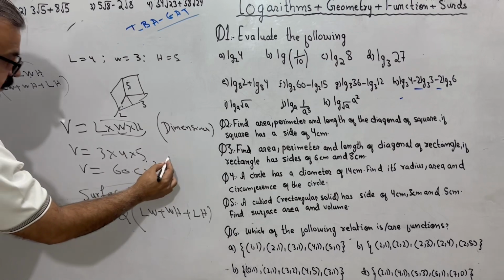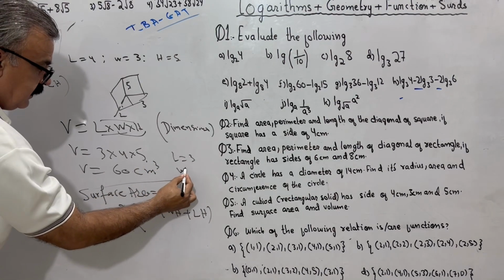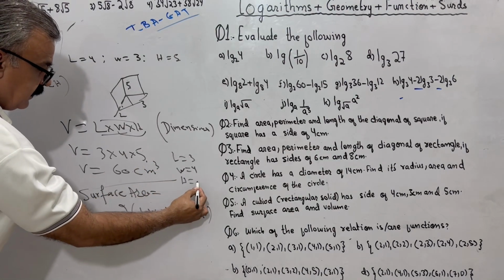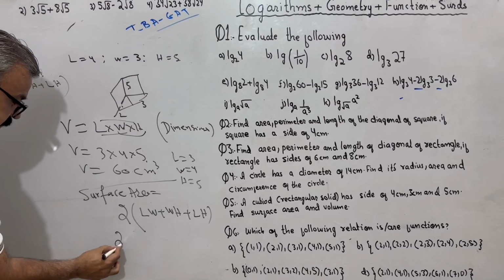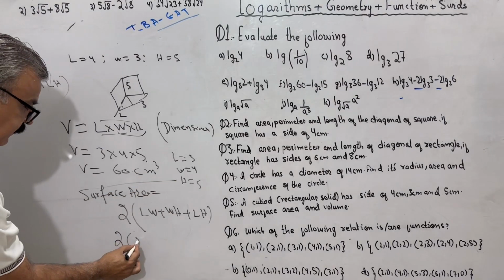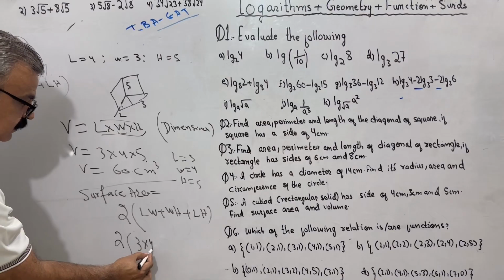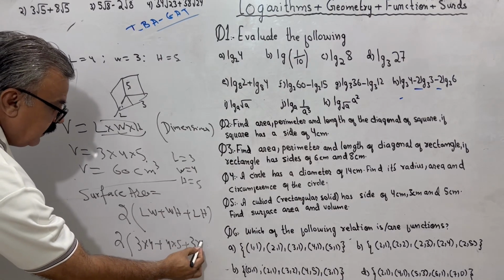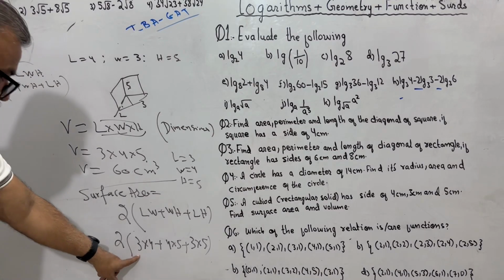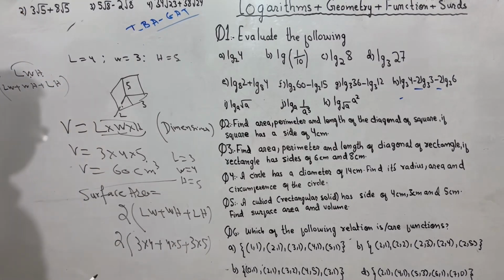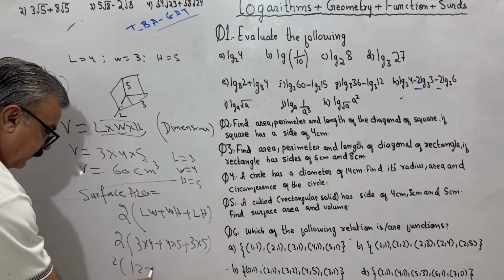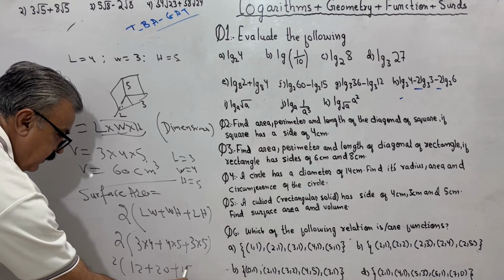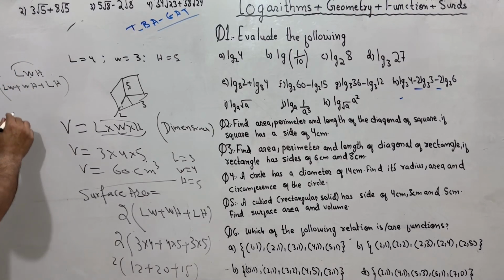Our length is 3, width 4, height 5. Insert values here. 2 times, our length is 3, 3 times width means 4, plus width is 4, height is 5, plus length is 3 and height is 5. 3 2 times 4 2 times, I have 8. 3 4 the 12, 20 plus 15, how much? 32. 32 and 15 is 47.